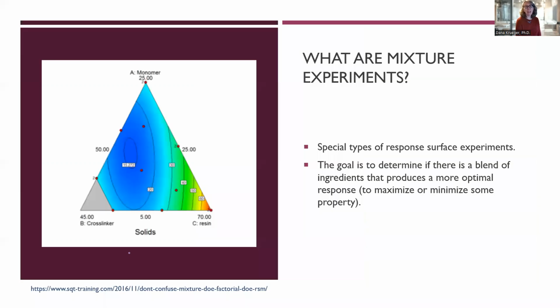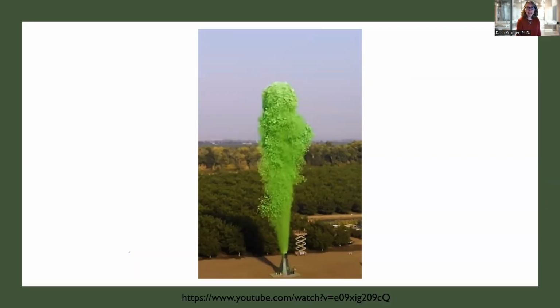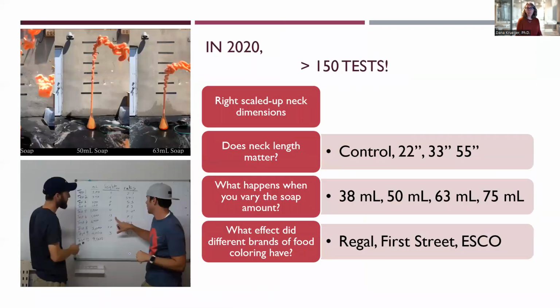But let's get on and talk about mixture experiments. Now, the part I didn't emphasize with this, if we go back to our factors, lots of these are typical factors that are independent of everything else. Neck length, you can vary that. It's not going to impact anything else.